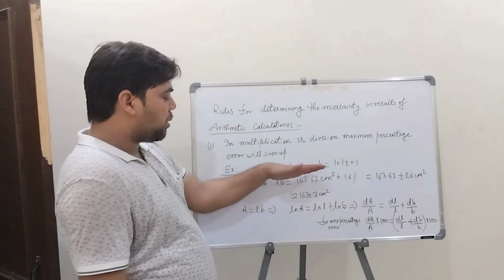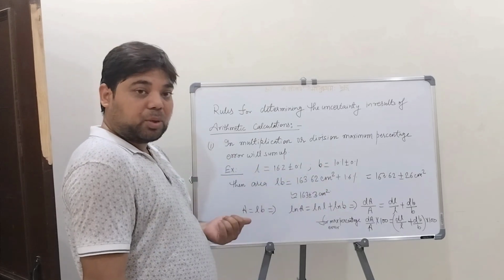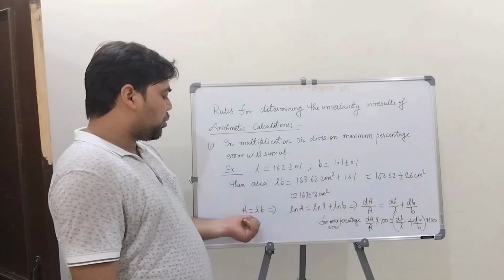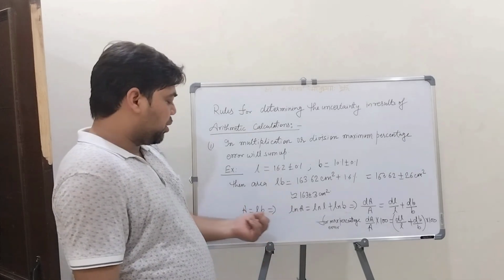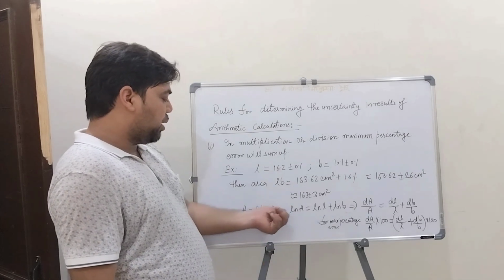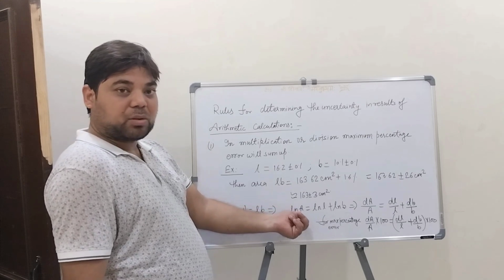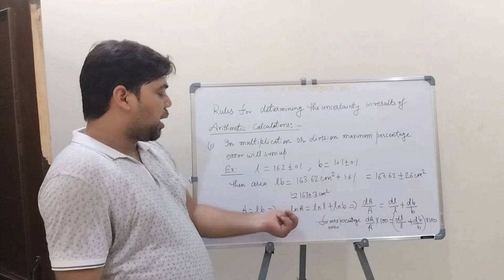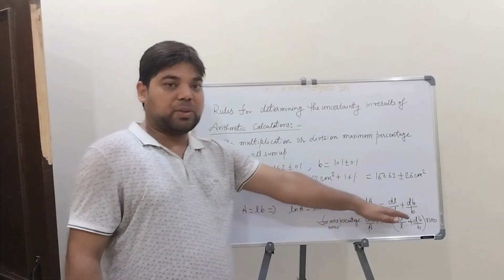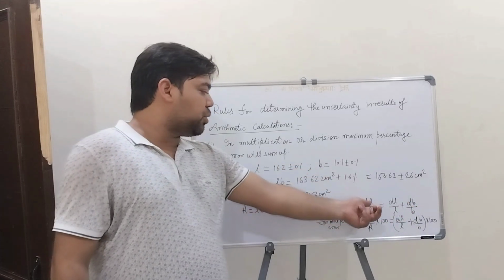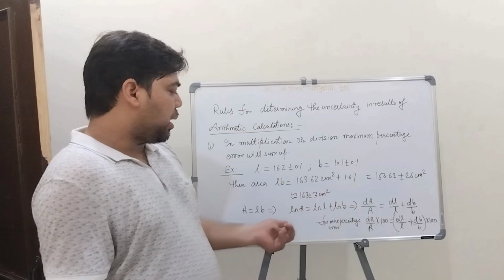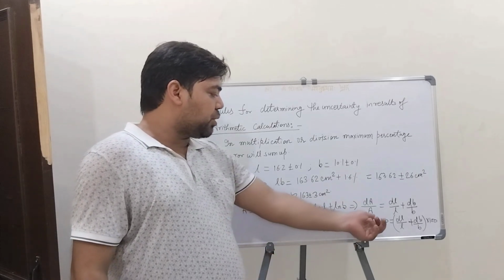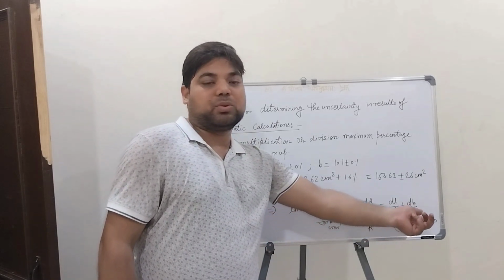Now, how did we achieve this formula? Just by using the method for calculating the maximum error. You take area as L into B, take the natural log on both sides, and then take the differential of it, which gives dA by A equals dL by L plus dB by B, and for the maximum percentage error you simply multiply by 100 on both sides.